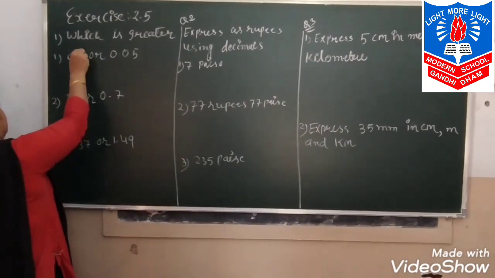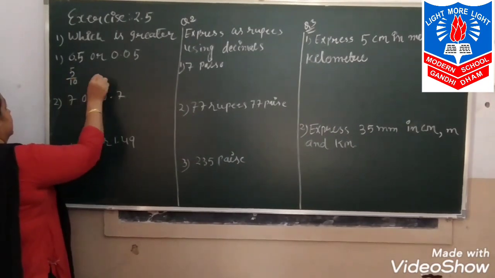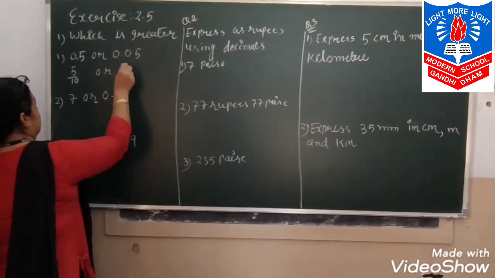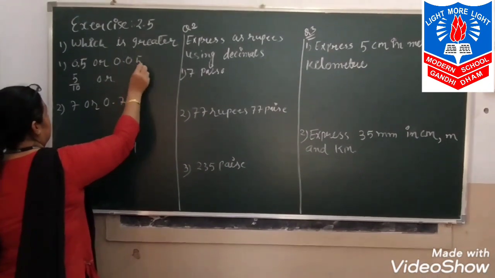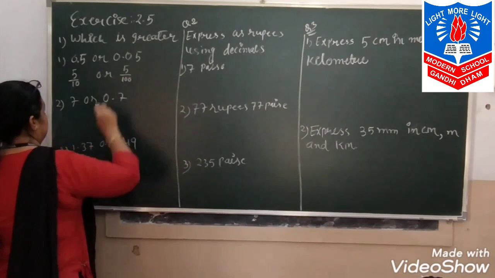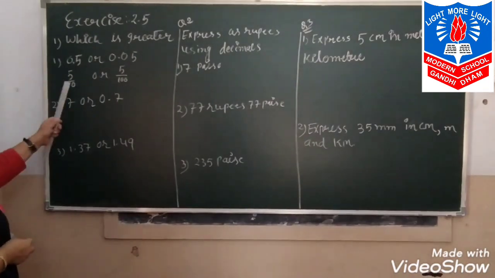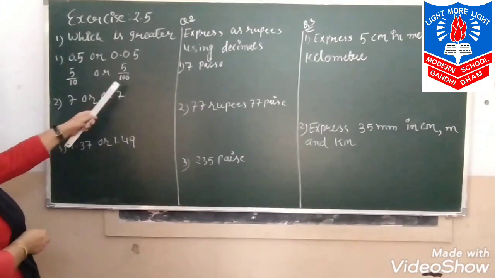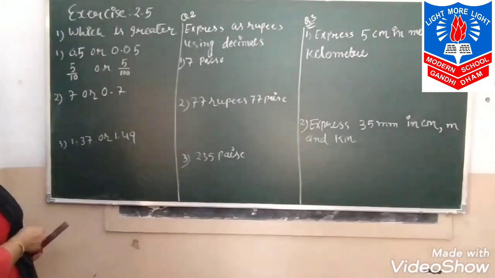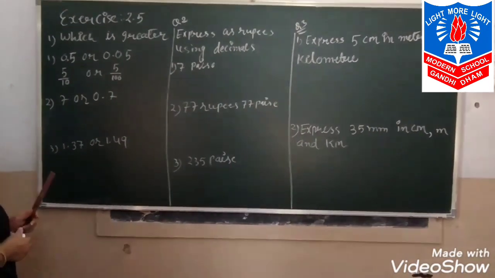Here the point after is one digit, so I write 5/10. Or here the point after is two digits, so I write 5/100. Here also 5, here also 5, and both denominators are different. So first I convert into like fractions.